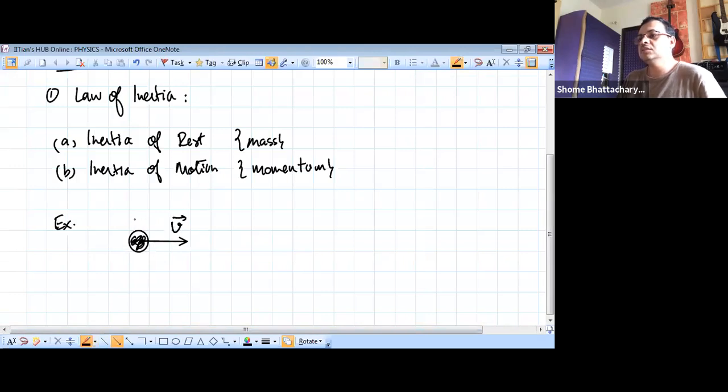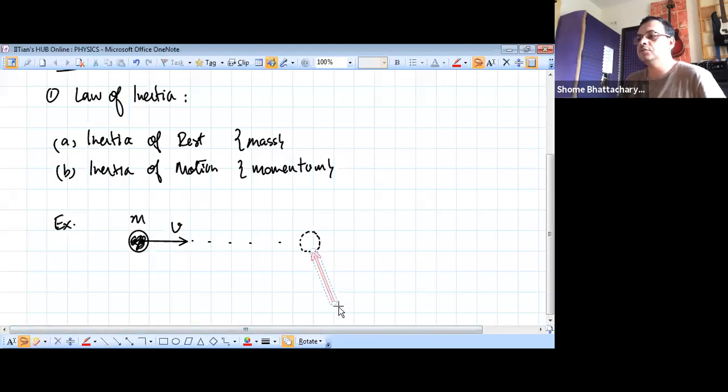Suppose we need not use vector notation, but you understand that velocity is a vector. Now suppose while it is moving like this, at some stage of its motion, it gets hit in a diagonal sort of direction like this.